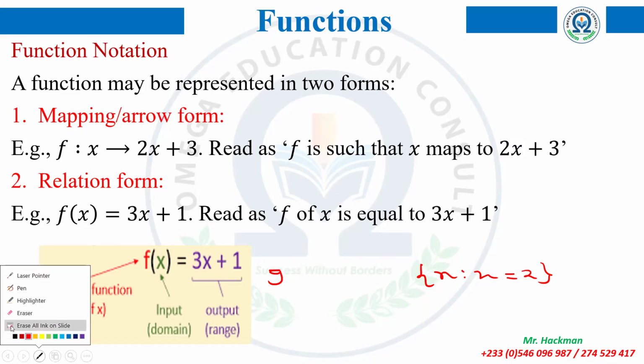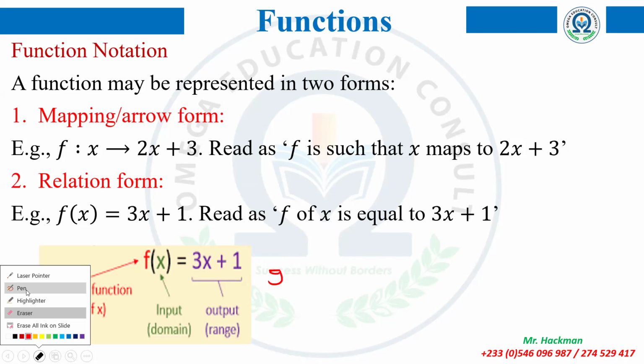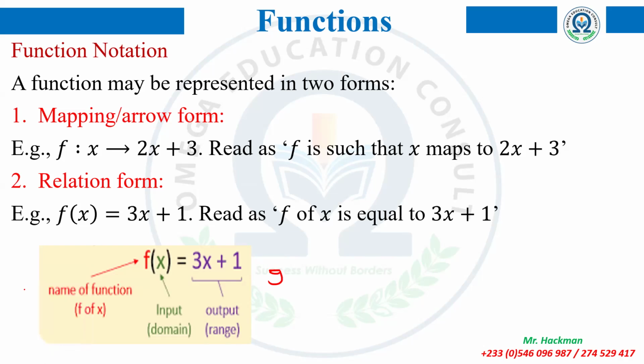Good. So now if you are with me up to this point, let's see how we can write mappings in the arrow form, change them to the relation form and vice versa. So if I have j is such that x maps to, maybe, 1 minus 5x. This function is in which form?